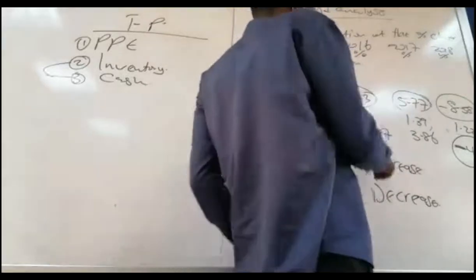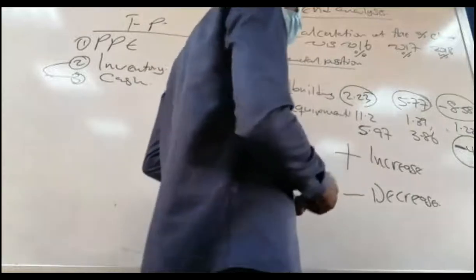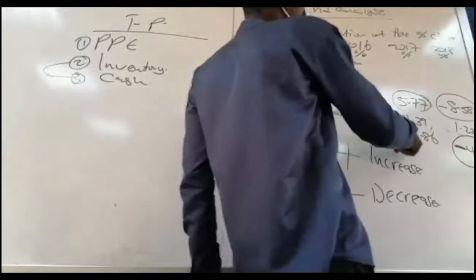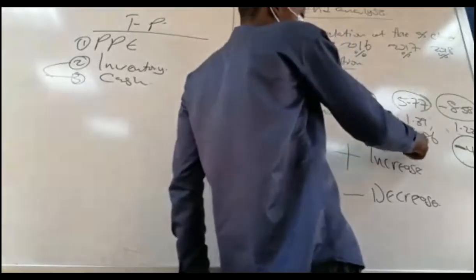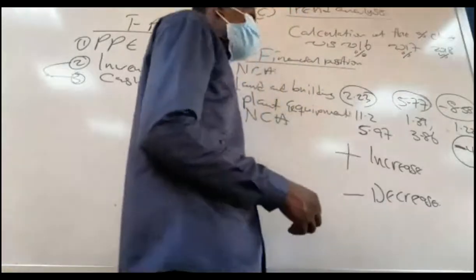So that means in 2016, the non-current assets of the entity increased by 5.97%. In 2017, it increased by 3.86.